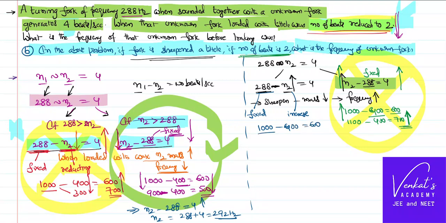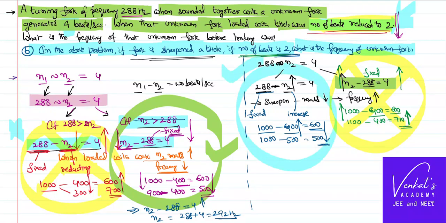You keep 1000 fixed, but sharpen this so its mass decreases, its frequency increases from 400 to 500, just for a simple number. Now the number of beats, the difference, is reduced from 600 to 500. In our given data also, it was given that the number of beats is reduced. So this is the right answer, the possibly correct answer.